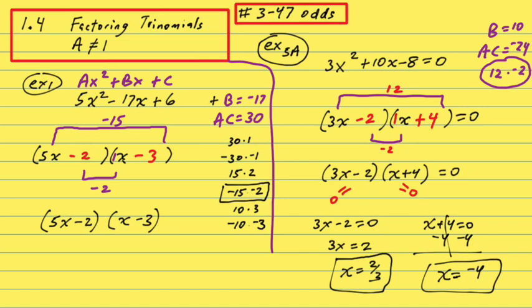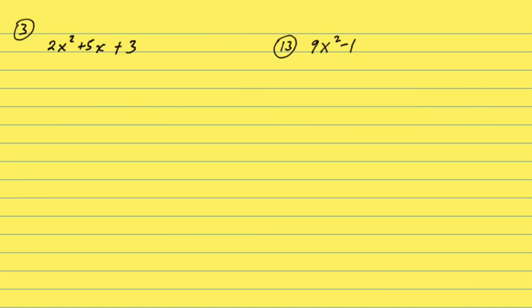Okay, since we're doing 3 to 47 odds, here's just a sampling of questions. 2x squared plus 5x plus 3, the first one in the assignment, we want to factor it. To get 2x squared, there's only one way, 2x times x. Can anybody tell me what a times c is in this particular one? 6, and what's b? 5.